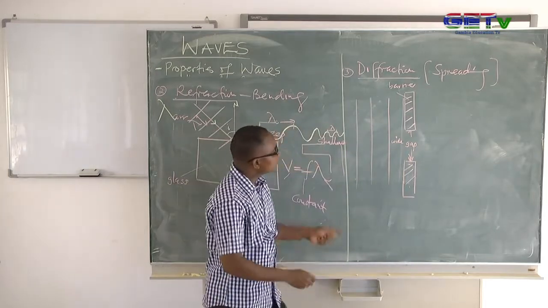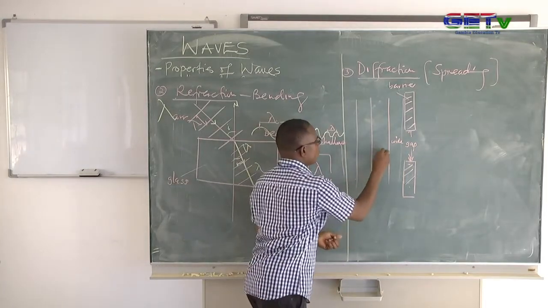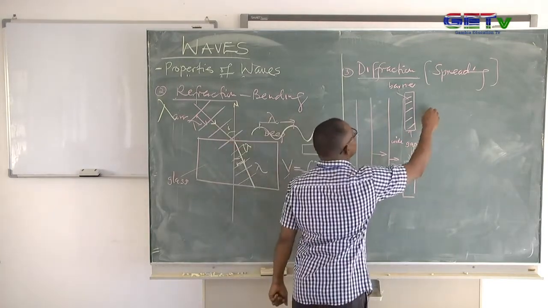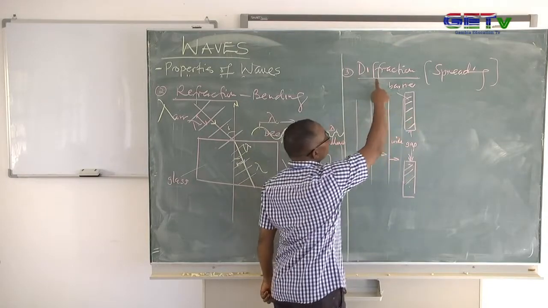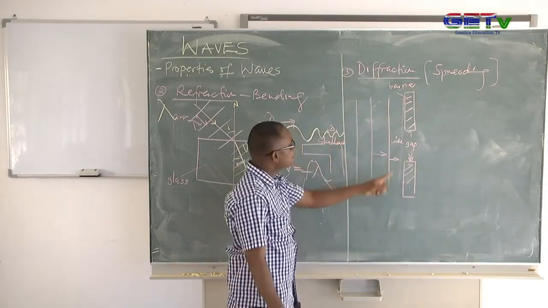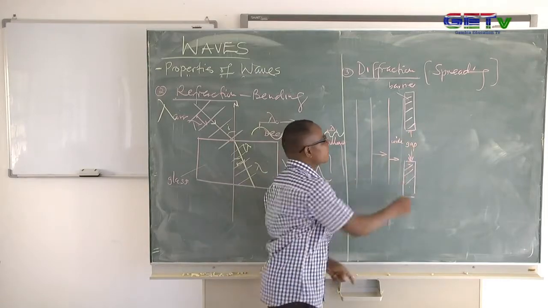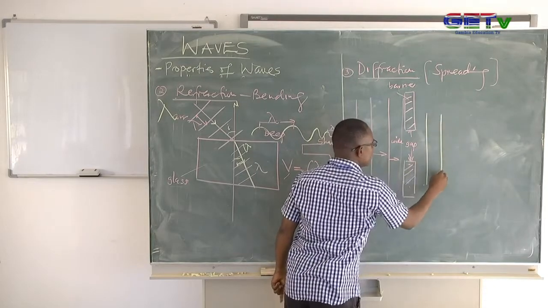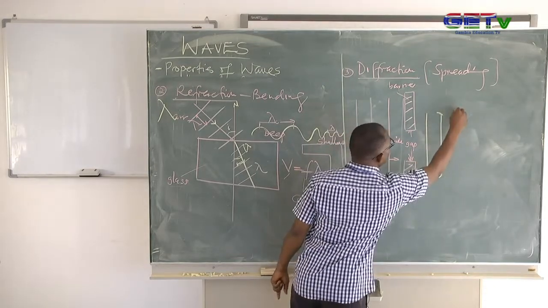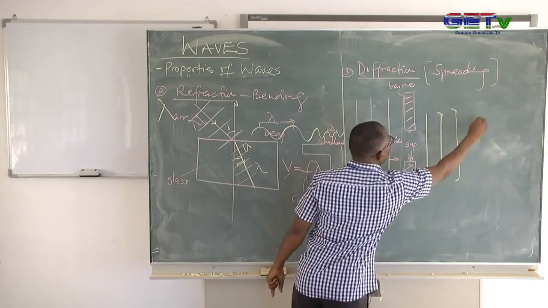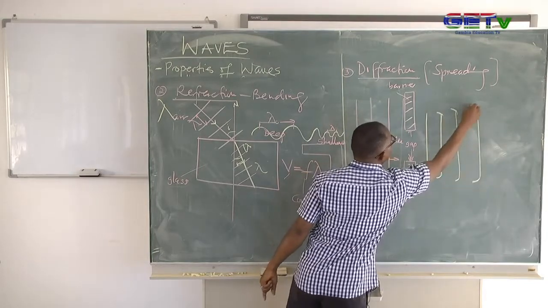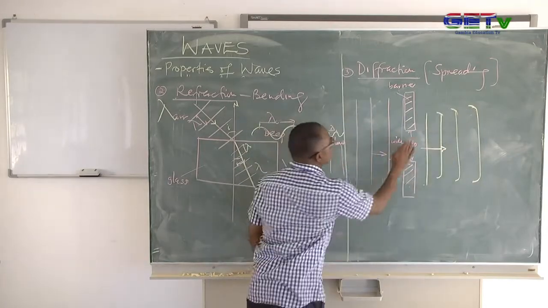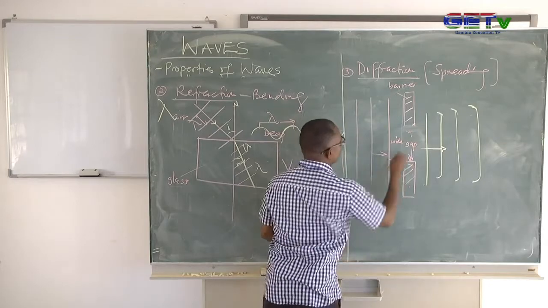When the wave is entering, because the gap is wide, this wave that is going to spread or diffract around these edges or barriers is going to move in such a way that it suffers little or no diffraction. It is going to maintain almost the same wavelength. The only difference you see is that the edges of that wave will tend to be curved somehow, but it will suffer little or no diffraction. That is when the gap is very wide.